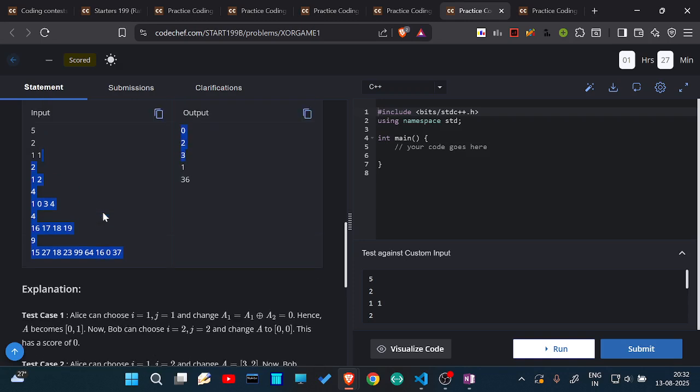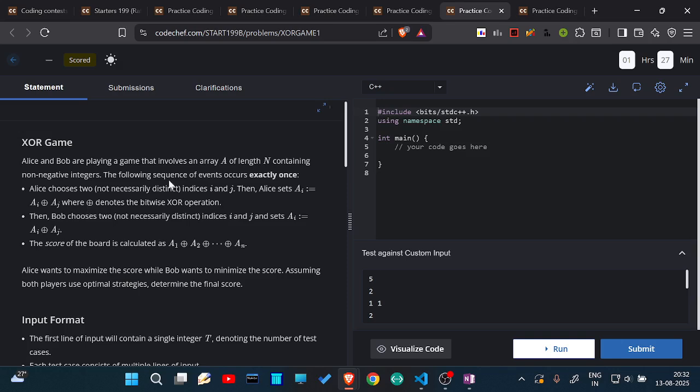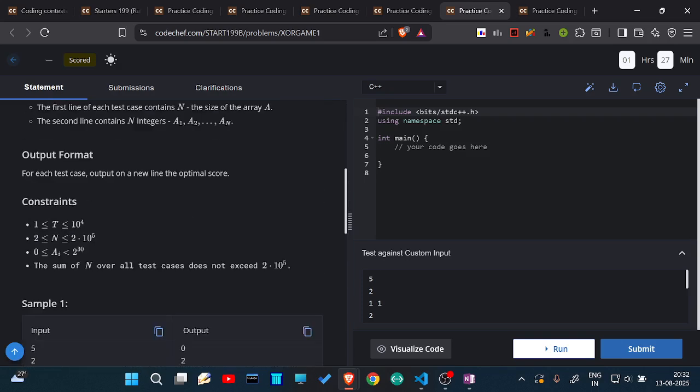Not necessarily distinct. Okay, this is the way. If you realize this point, then the problem becomes easier, you can make a few of them zero. So what are the constraints?